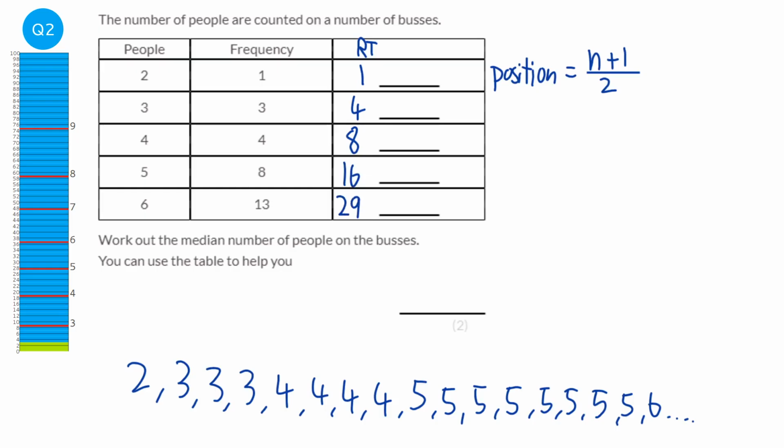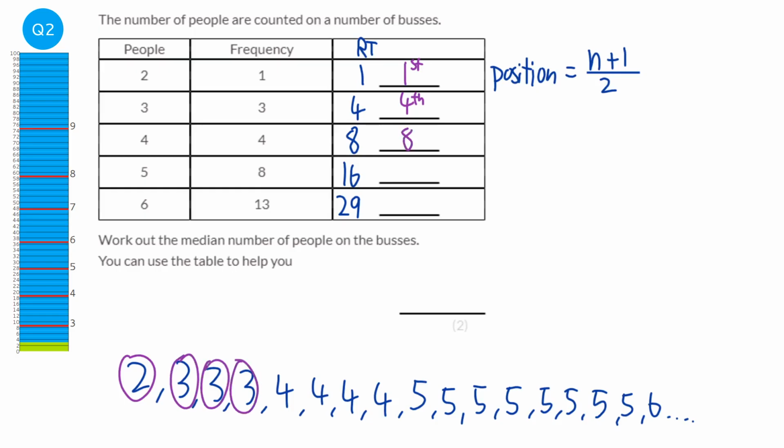We use the running total because it shows us where the last number is in that group. So this shows us that the first number is the last number that is a 2, which is true, we can see it here. This 4 shows us that the fourth number is the last number that's a 3, so let's check that. 1, 2, 3, 4, it works.